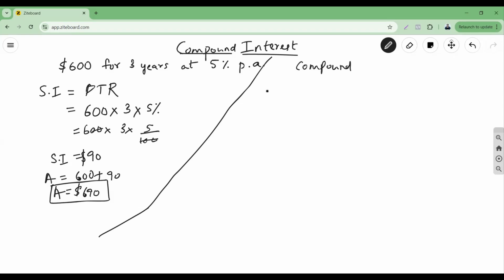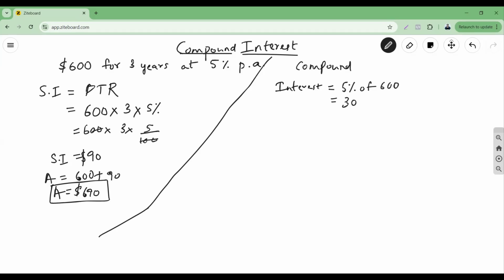At the end of 1 year, I'm going to calculate the interest. The interest at the end of 1 year is going to be 5% of $600. So 5% of $600 is $30, and that is how I got $90 for 3 years.